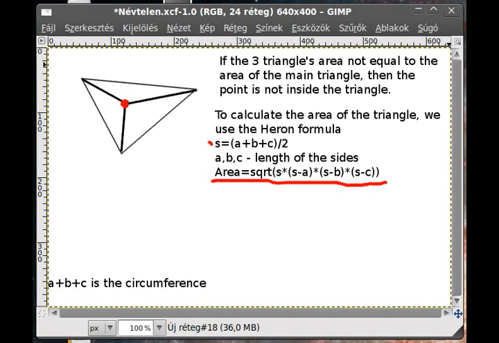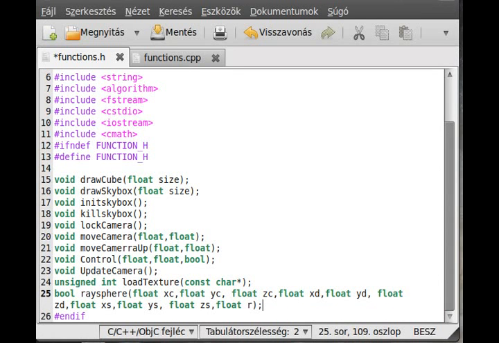Okay, let's see it in code. Now that we saw the theory behind the ray plane collision detection, let's start coding. It will return a bool as well, and the name will be ray plane. We need a normal vector, so float nx, float ny, and float nz.